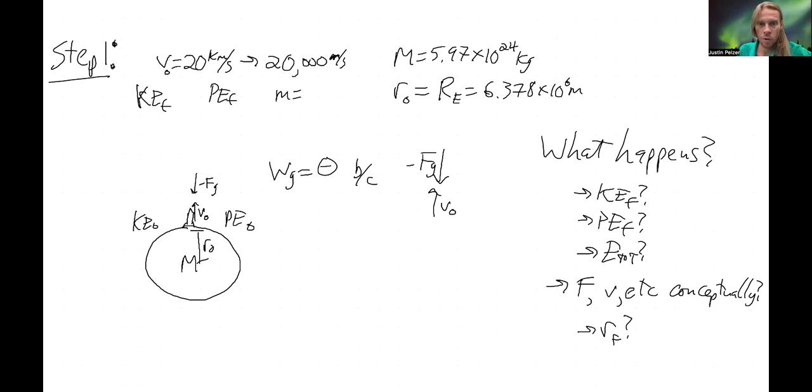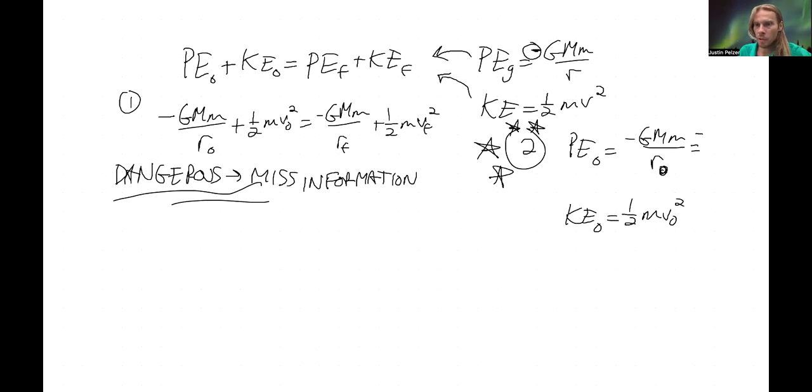So let's say a 2,000 kilogram rocket, like a small sedan-sized mini rocket going into space. So I plug in G, M, m, and R naught, and what you get is negative 1.25 times 10 to the 11 joules.